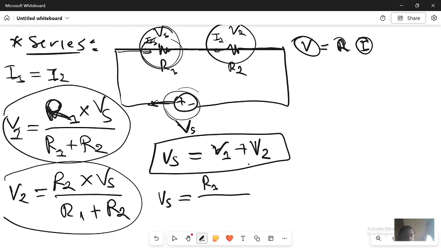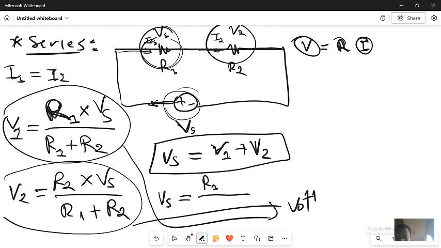We call these voltage division, and voltage division applies when they are in series, because the voltages are not the same.